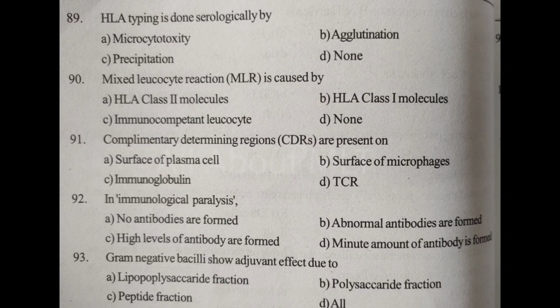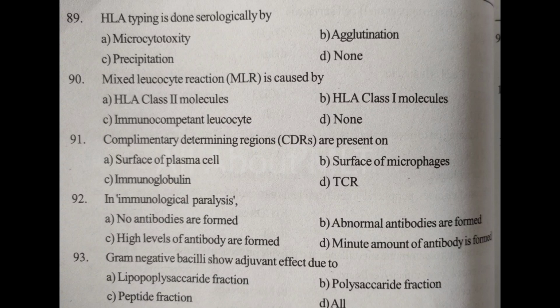Answer is option A microcytotoxicity. Mixed leukocyte reaction is caused by: option A HLA class 2 molecules, option B HLA class 1 molecules, option C immunocompetent leukocyte, option D none. Answer is option A HLA class 2 molecules.